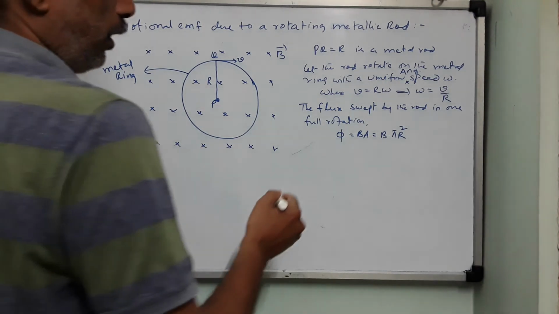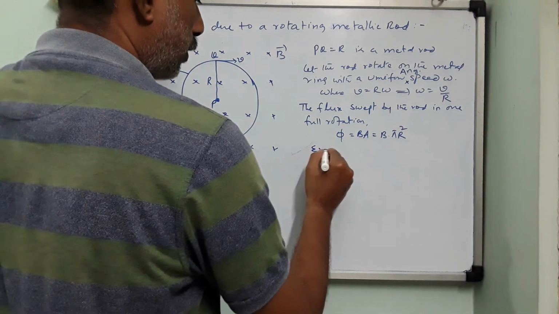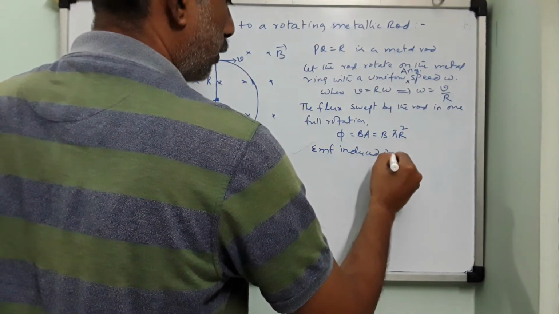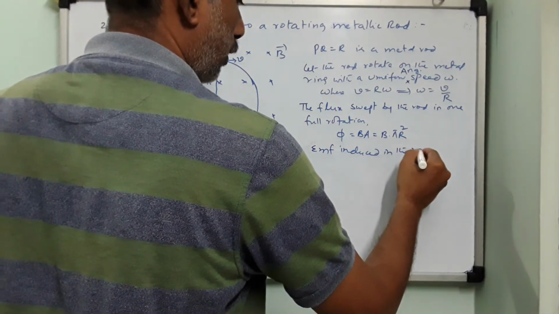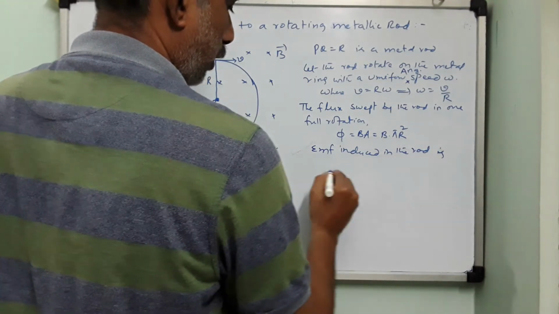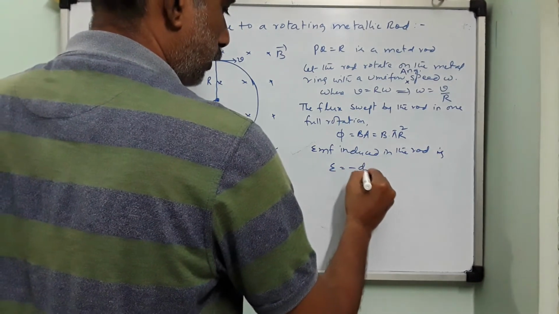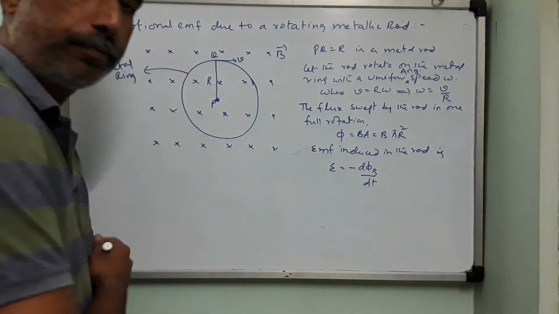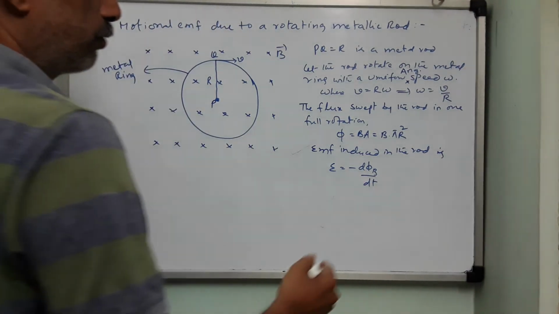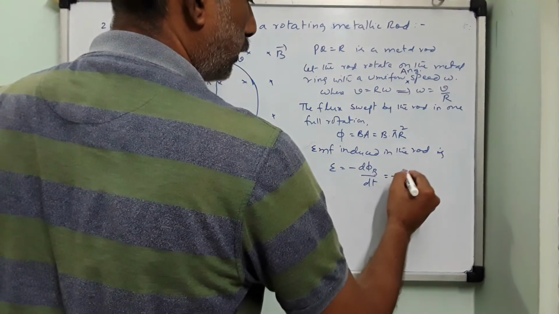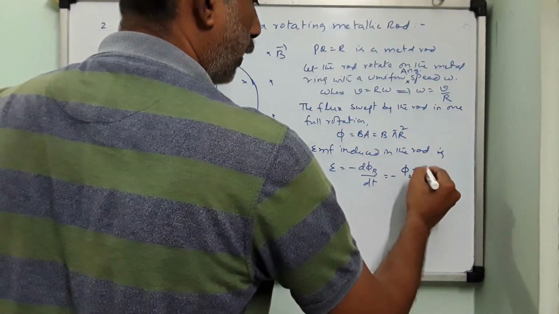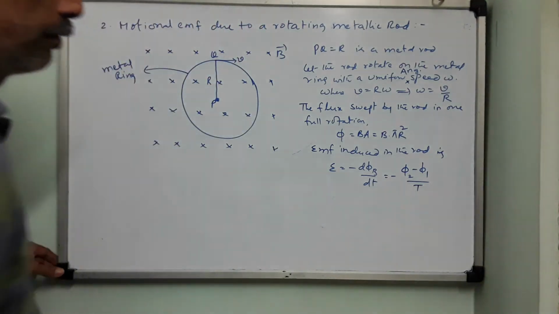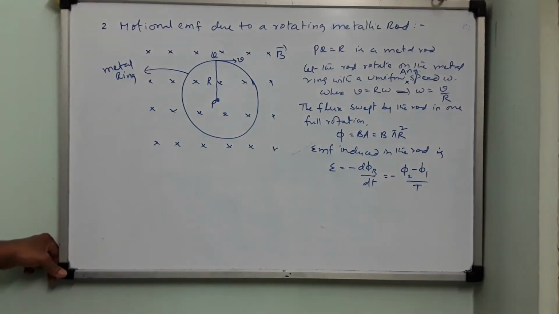Now the EMF induced in the rod is E equals minus d phi B by dt. Okay, so this will be written as minus phi 2 minus phi 1 divided by T, one time period.